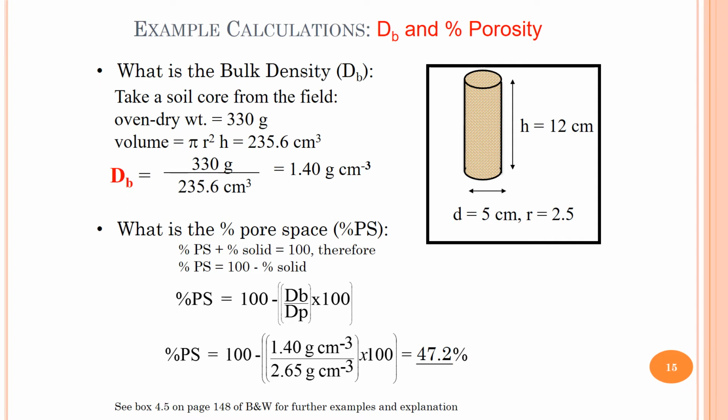Hold on, I'm giving you time to get your calculator out. 1.40 divided by 2.65 is 0.528. Multiply that by 100. 52.8, subtract it from 100. And yes, I know you get a negative number, ignore that. Pretend there wasn't a negative. We end up with 47.2% pore space.